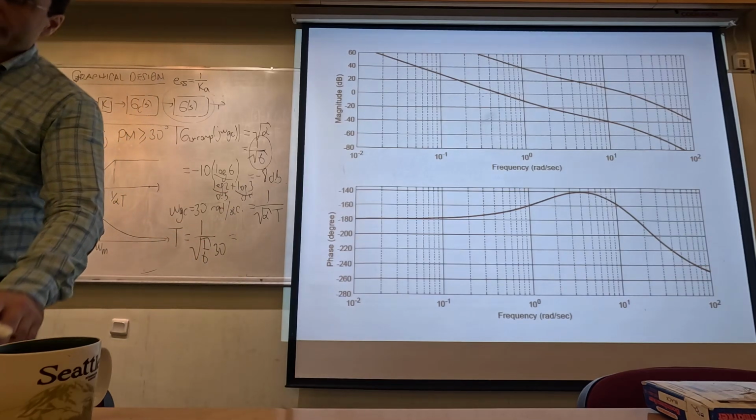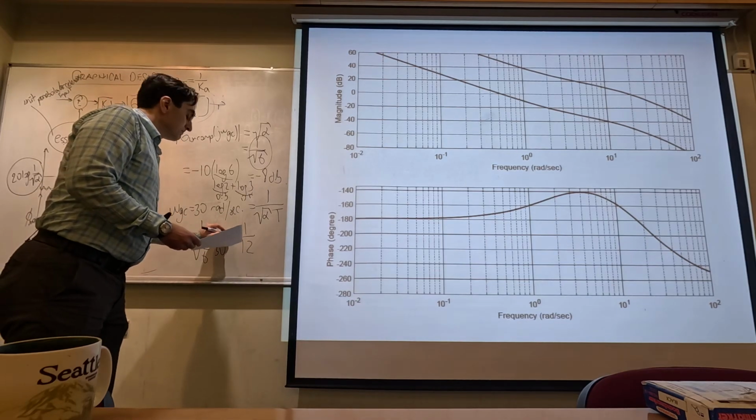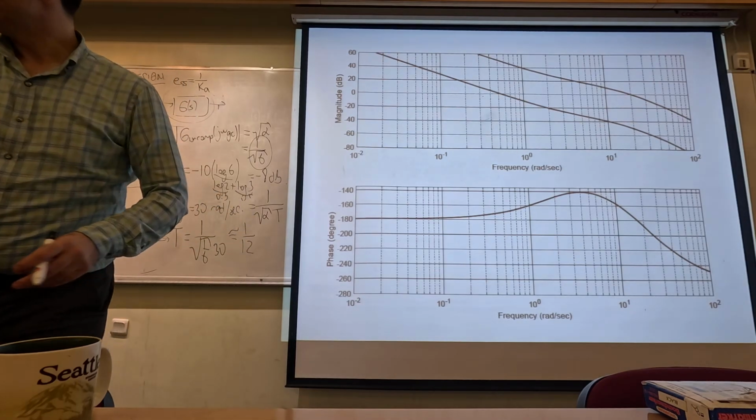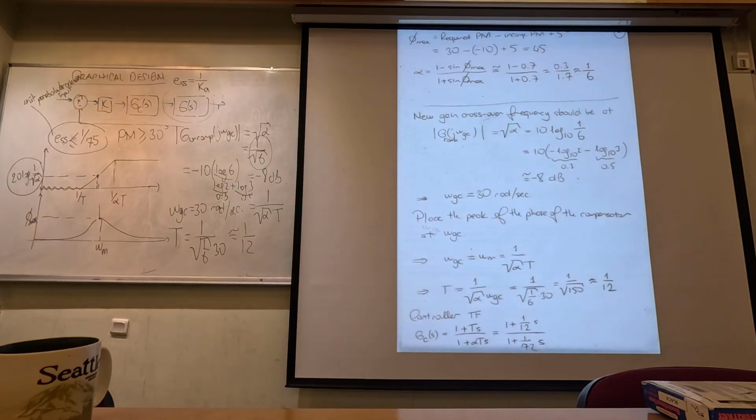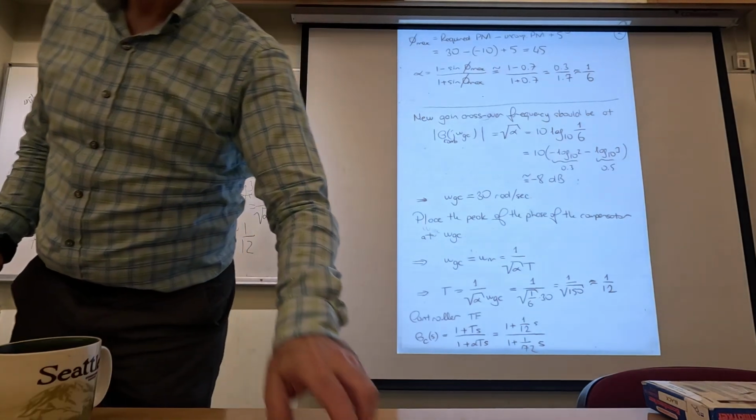This is going to turn out to be approximately 1 over 12. Then I can find the compensator transfer function by substituting this T and alpha T here, which is going to give you the overall transfer function of the compensator.